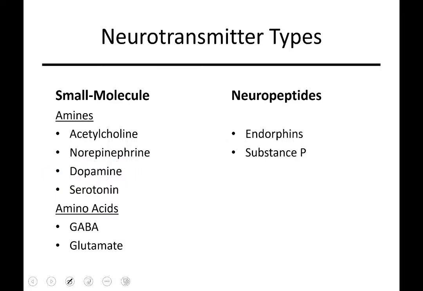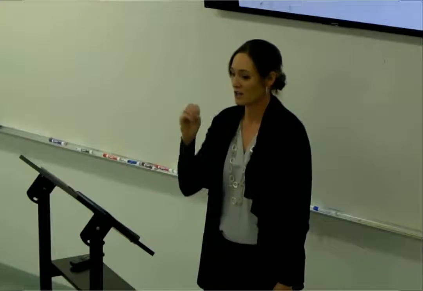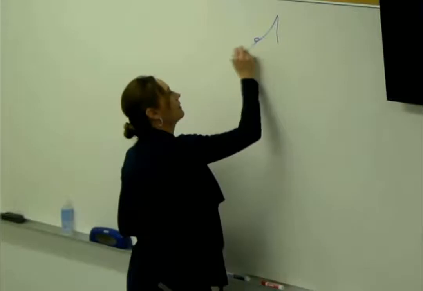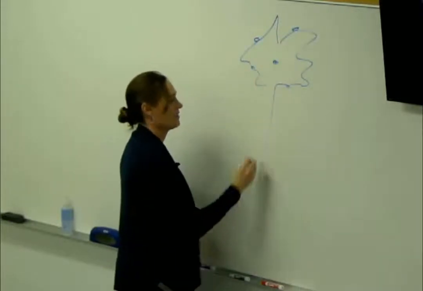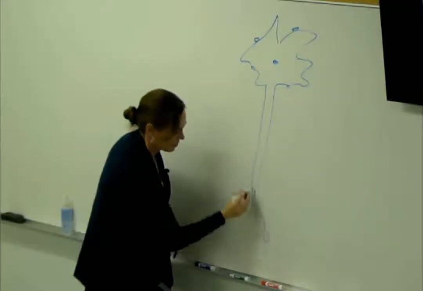The last bit that we're going to do are neuropeptides, and I told you they act differently. The normal acting neurotransmitter, we know that gets released, hits a receptor, gets broken down, we bring it back and recycle it. Neuropeptides are not that way. Here's a neuron, and we have the axon, we have our little axon terminals.